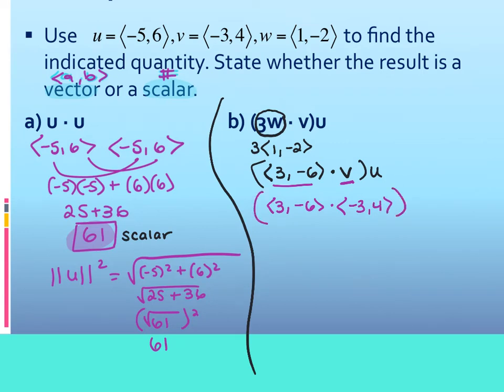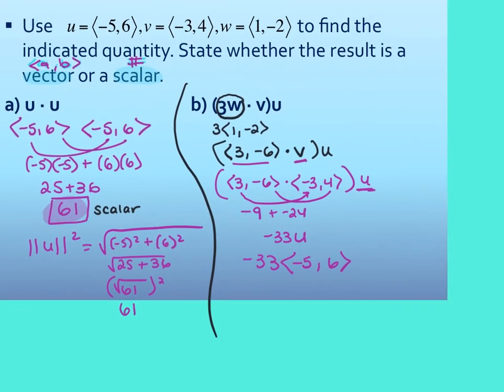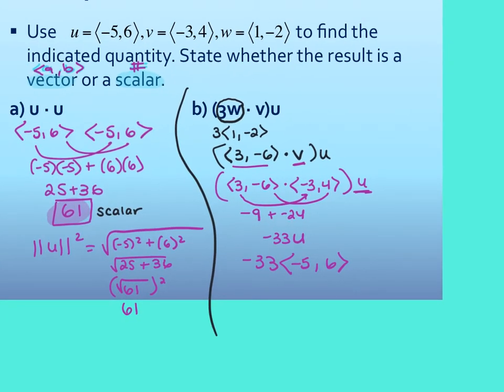And then at the end, I'm not going to forget I got to multiply by u. So this is dot product: 3 times negative 3, which is negative 9, plus negative 6 times 4, negative 24, and I get negative 33. And that u is still there. So negative 33 times negative 5, 6. And I get 33 times 5.